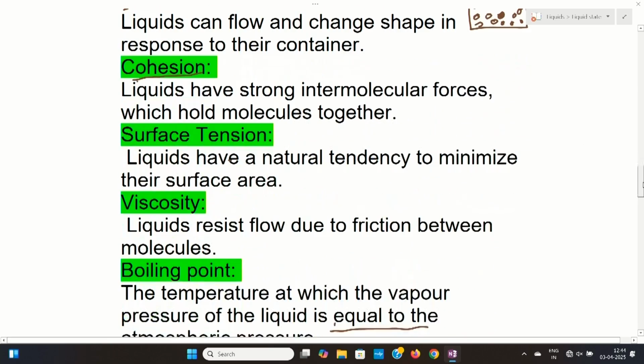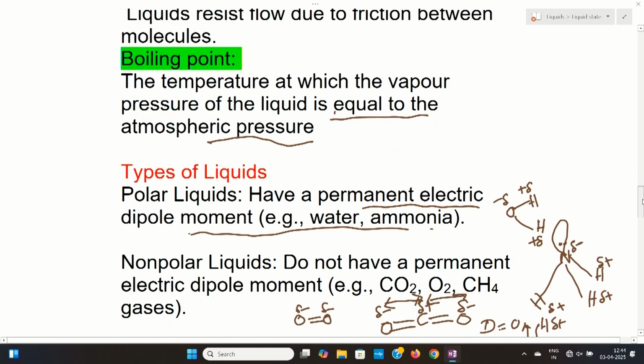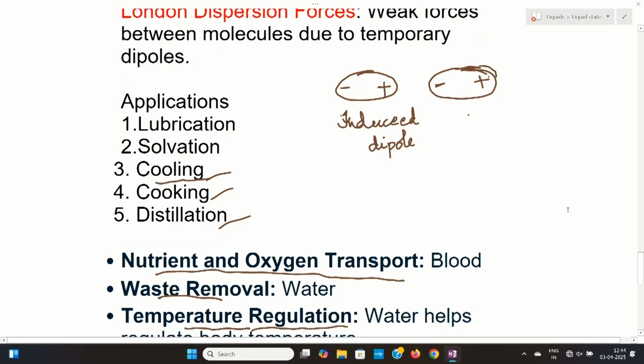Then we looked at the different types of liquids: polar liquids, non-polar liquids and ionic liquids. The intermolecular forces in liquids are hydrogen bonding, dipole-dipole interactions, and London dispersion forces. Finally, we saw the different applications of liquids: lubrication, solvation, cooling, cooking and distillation.